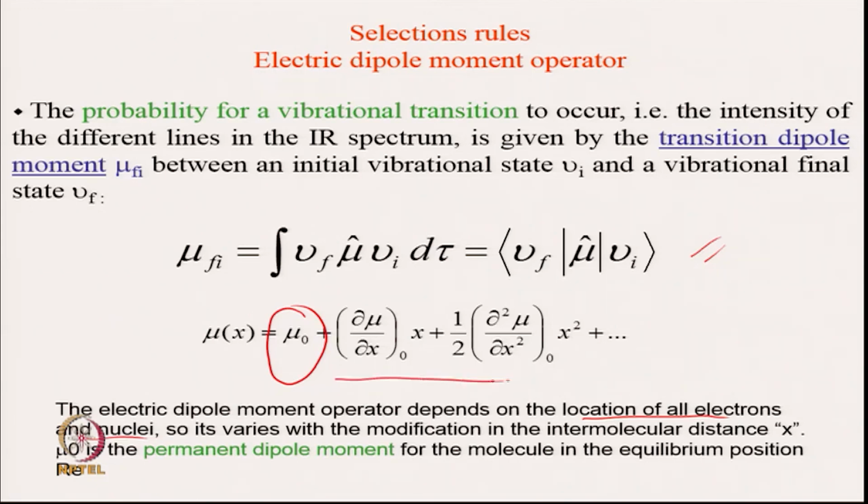But when it deviates from the equilibrium position, your mu is equal to mu naught plus del mu by del x, the first derivative of mu with respect to x, multiplied by x, and then there is the second term. We will just put it here and see what happens.